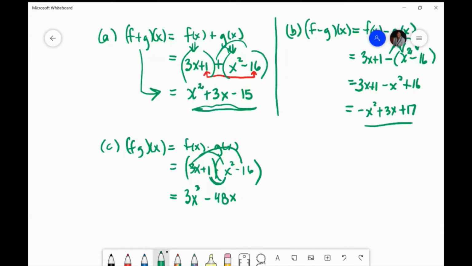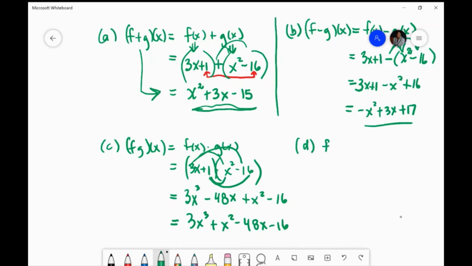Inside, 1 times x squared. x squared. And 1 times negative 16. Negative 16. Yep, and so how would you rewrite it? 3x cubed plus x squared minus 48x minus 16. Very nice. All right, let's try.